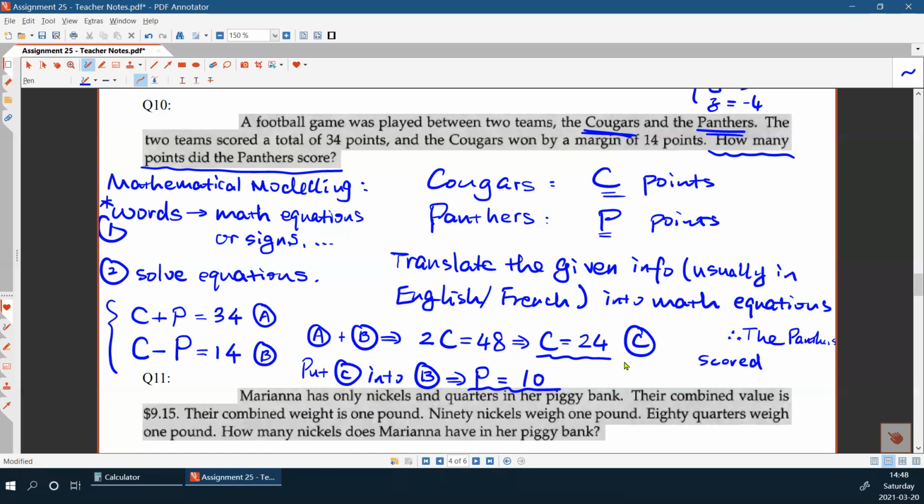Panthers scored points is P, right? P is 10, so Panthers scored 10 points, right? So this is a complete process of how we answer the real world problem, okay? Any questions?